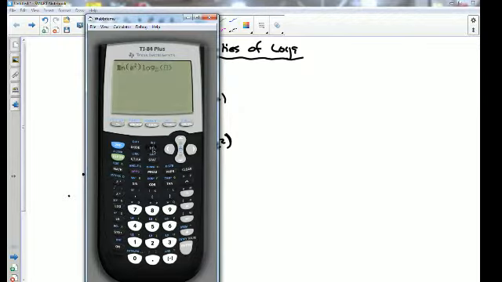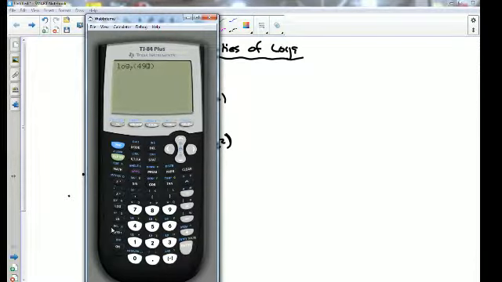So if I say, what's log base 7 of 49? Answer: 2. Okay, so that's 2, correct?